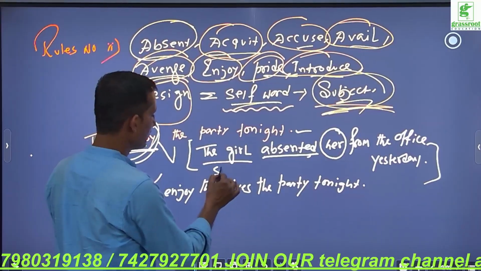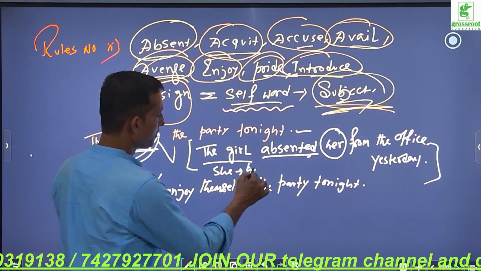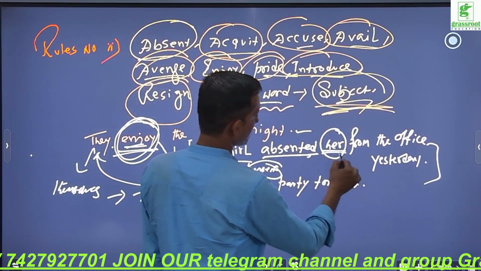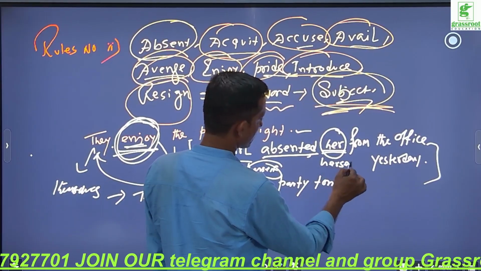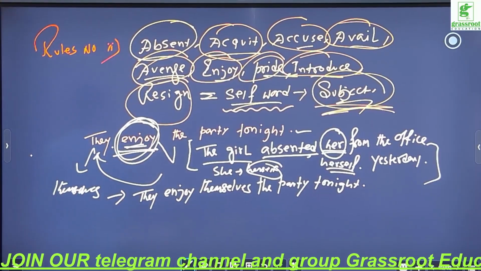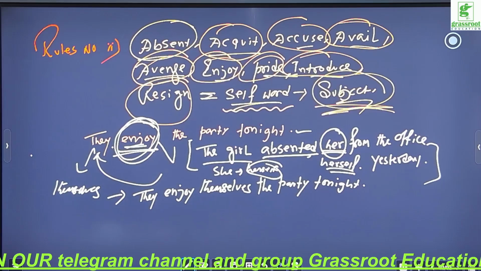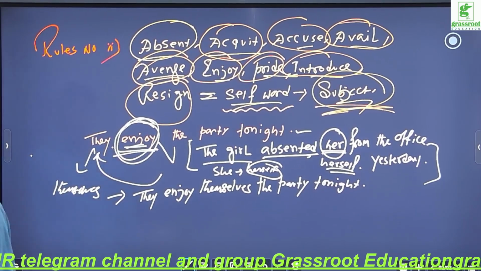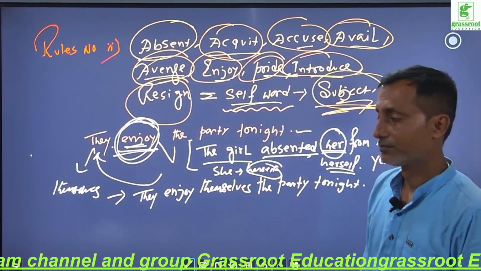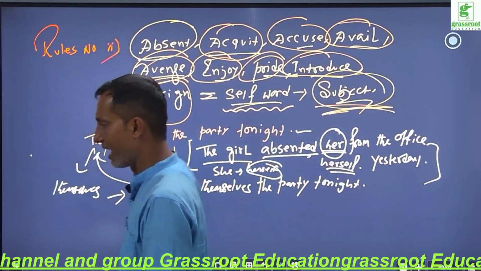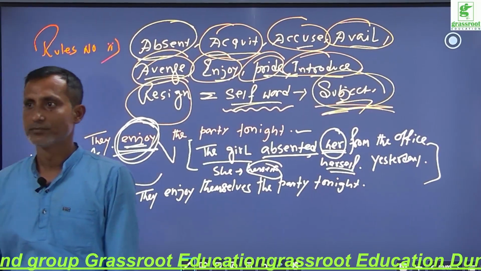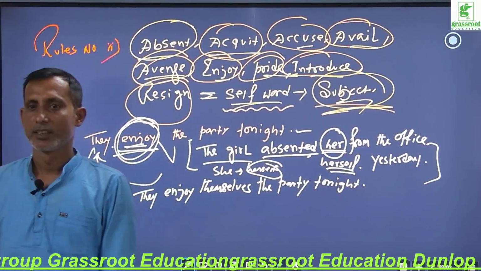So girl is she, and she is transformed into herself. So we have to use absented herself. Is it clear or not? Everybody, those who are online, is it clear or not? Yes, sir, clear. Okay. Have you written it down?